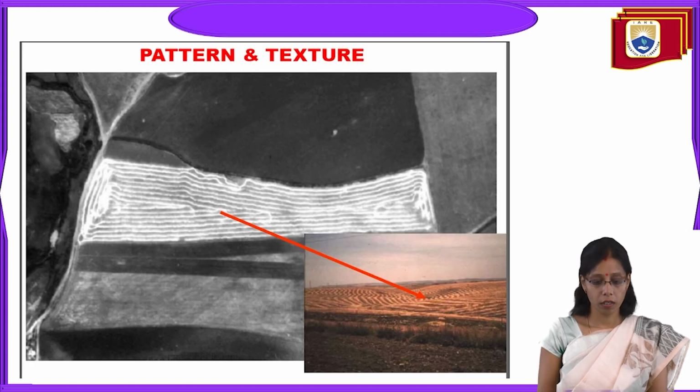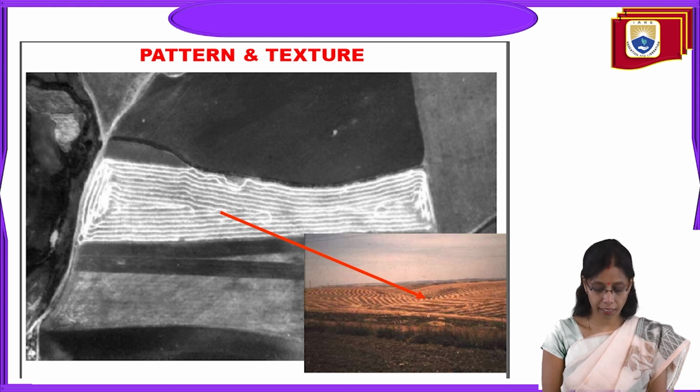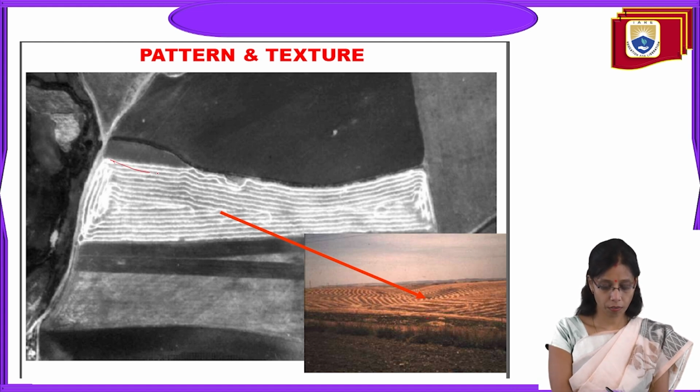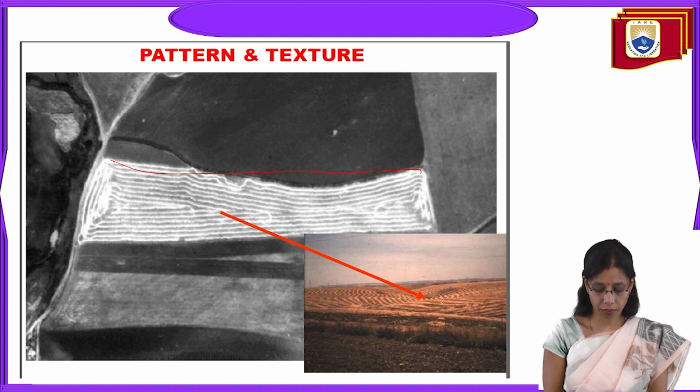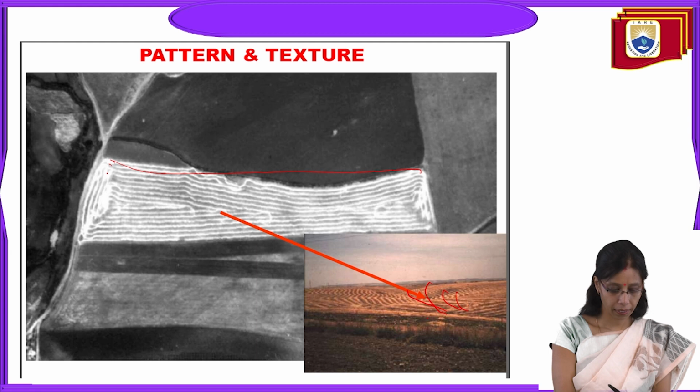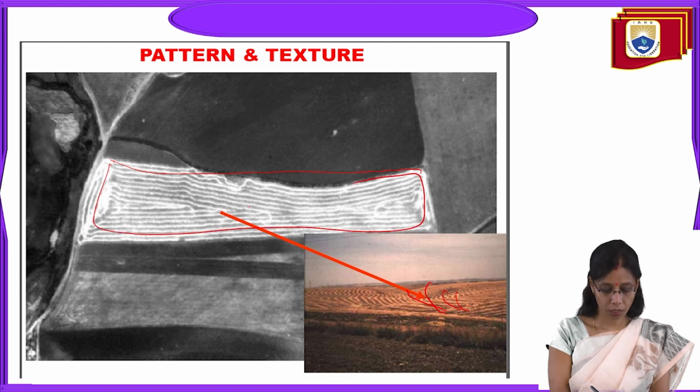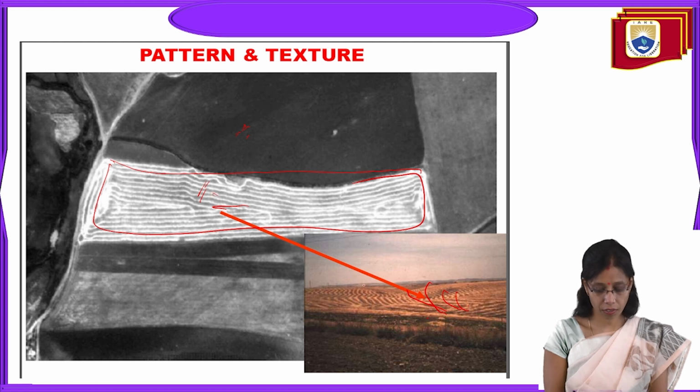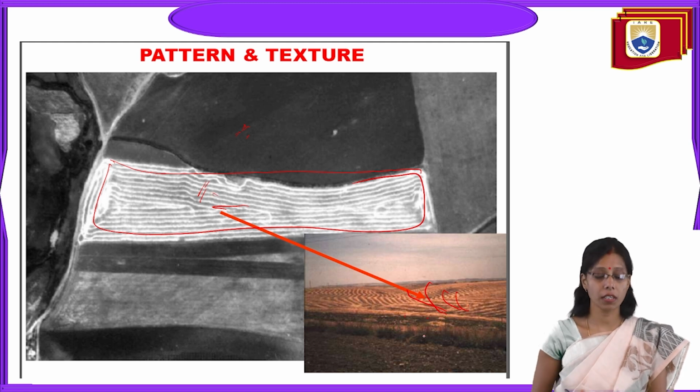Pattern and texture we'll also see. When you see the actual field here, it will be like this with these kinds of patterns, and the texture will be somewhat rough. In both the fields you can see the difference. Here the texture is different, here the texture is different. Based on that also we can classify it.